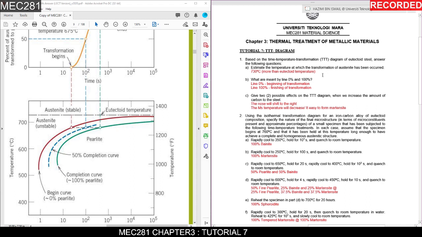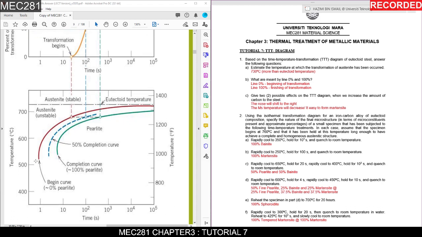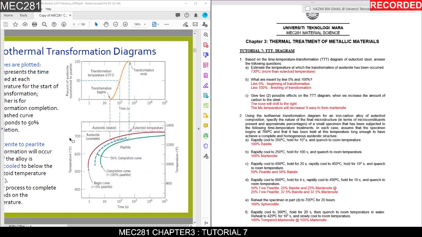So let's go to question 1B. The question is, what is meant by line 0% and 100% in the TTT diagram here? The line 0%, from the TTT diagram, you see that is where the transformation begins. So the answer here for the 0% is beginning of transformation.